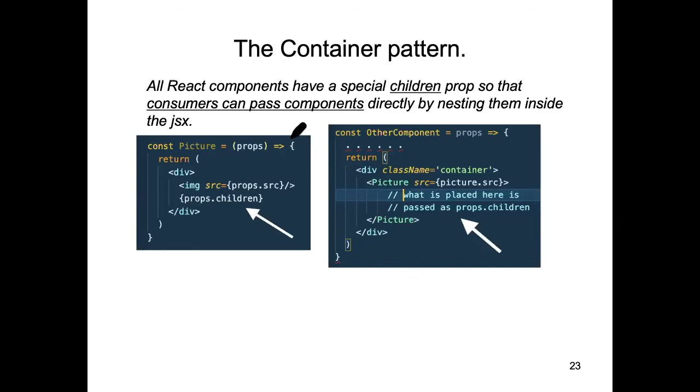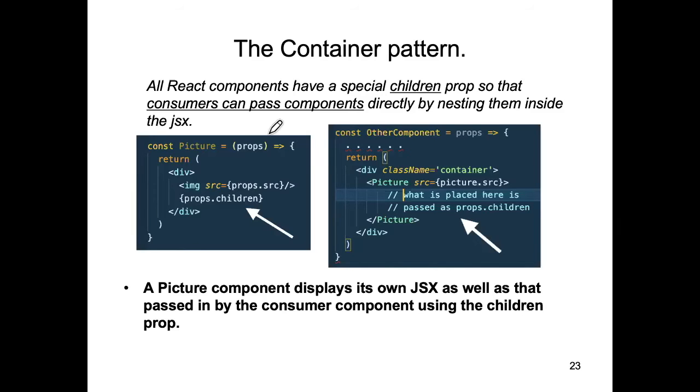I would refer to picture as being the container in this case. So a picture component displays its own JSX, which would be the image tag in this case and nothing else, as it turns out, and maybe the div as well, and the div might have some CSS. It doesn't in this case. So the picture component displays its own JSX, as well as that passed by the consumer component, which is the one on the right.